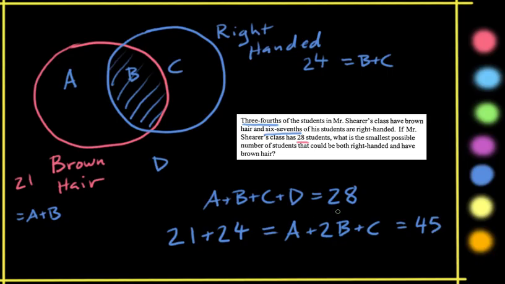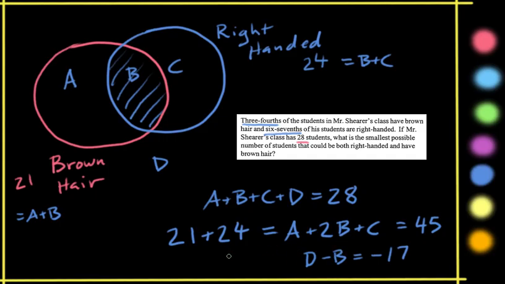And then if we subtract these two equations, we get D minus B is negative, let's see, negative 17.